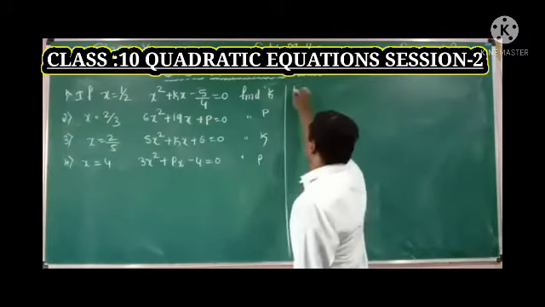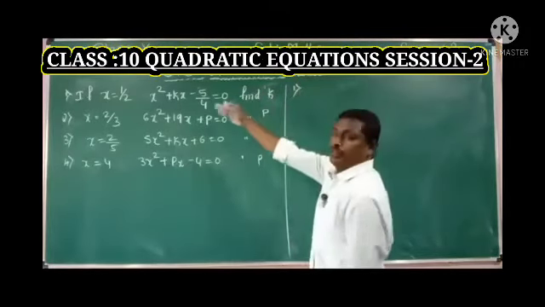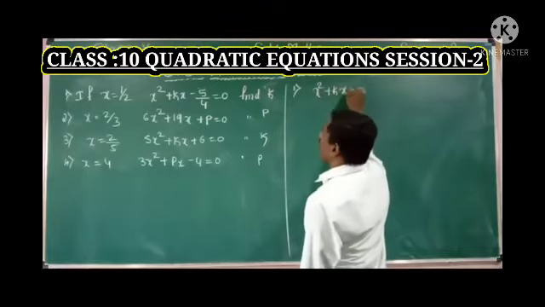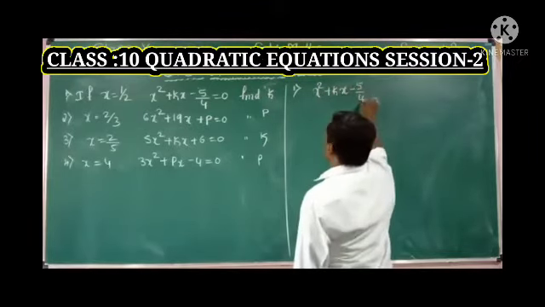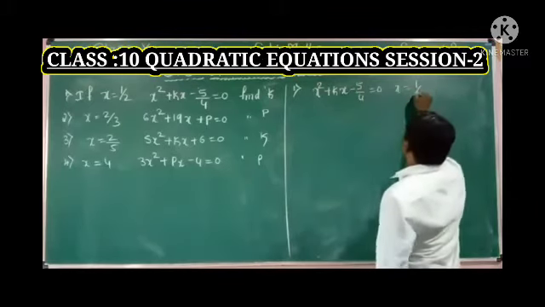So first one, what is that first question? The quadratic equation is x square plus kx minus 5 by 4 is equal to 0, whereas x is equal to 1 by 2.